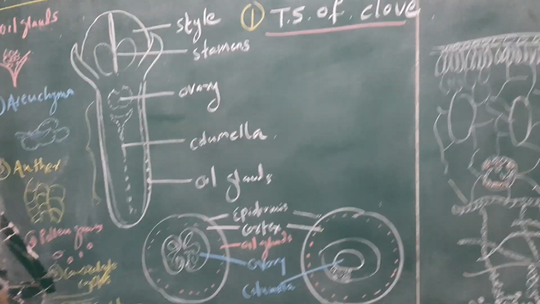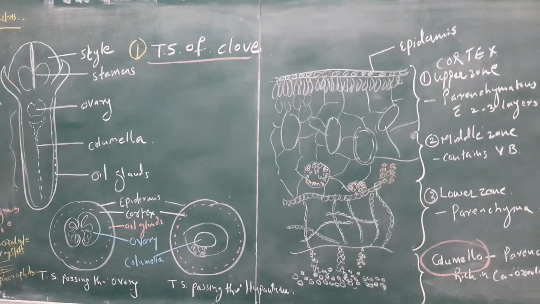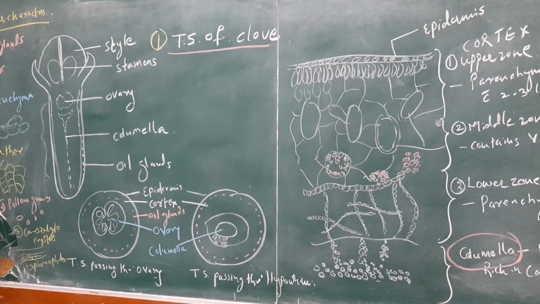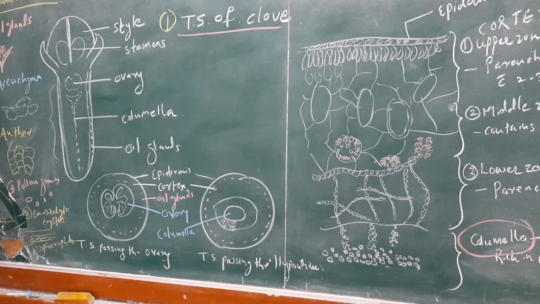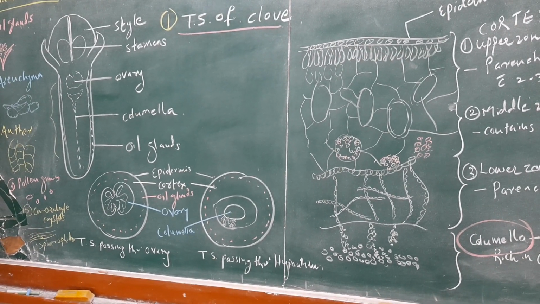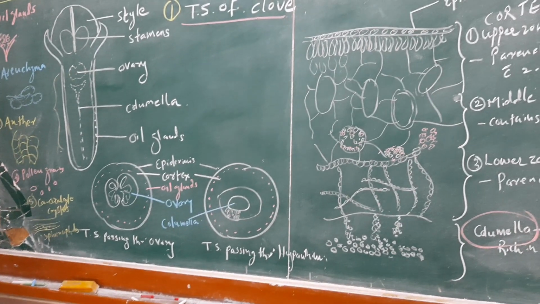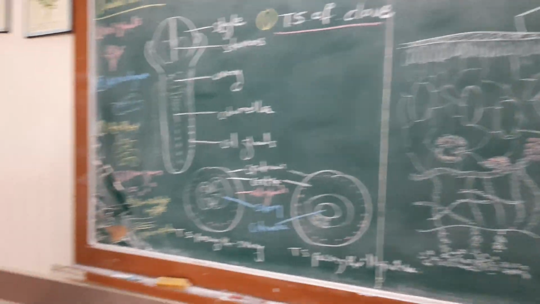I think now you are clear how to take the TS of clove and how to perform the powder characters of clove. I think now all of you know and understand how to perform this experiment. Okay, thank you for listening.